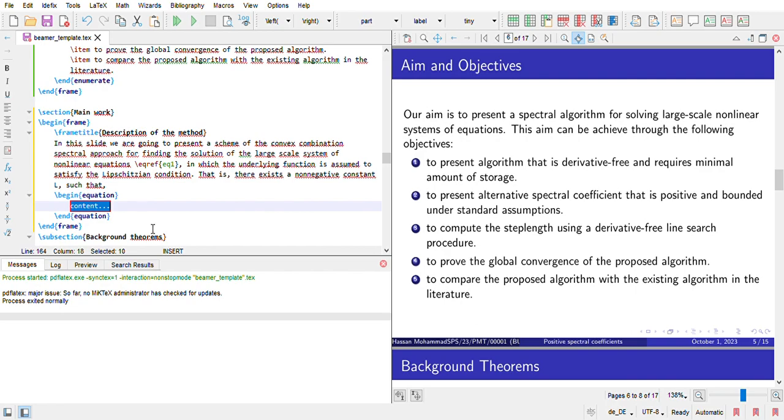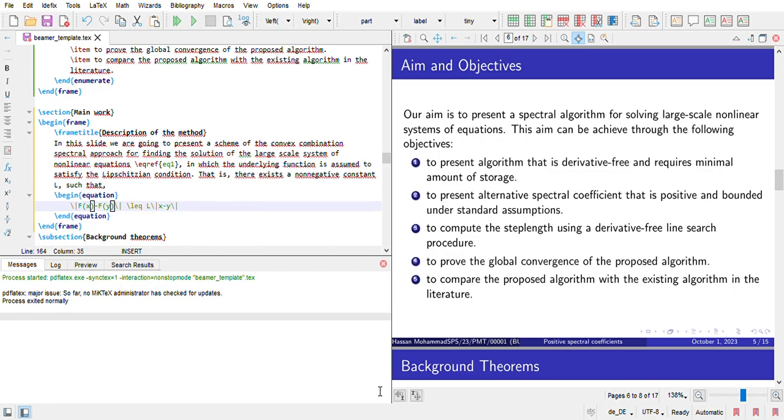So the Lipschitzian condition is the norm of f of x minus f of y in norm is less than or equal to capital L, then norm of x minus y.